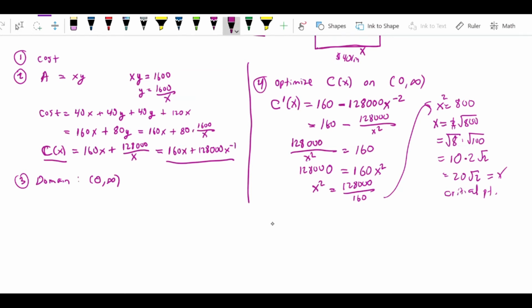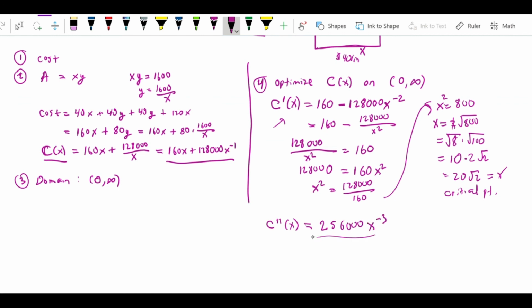So let's use that. Let's find c double prime of x. Look at the expression for c prime; we're going to differentiate that. The derivative of 160 is 0. The derivative of negative 128,000 x to the negative 2 is negative 2 times negative 1, so it's 2 times 128,000, which comes out to 256,000 x to the negative 3.